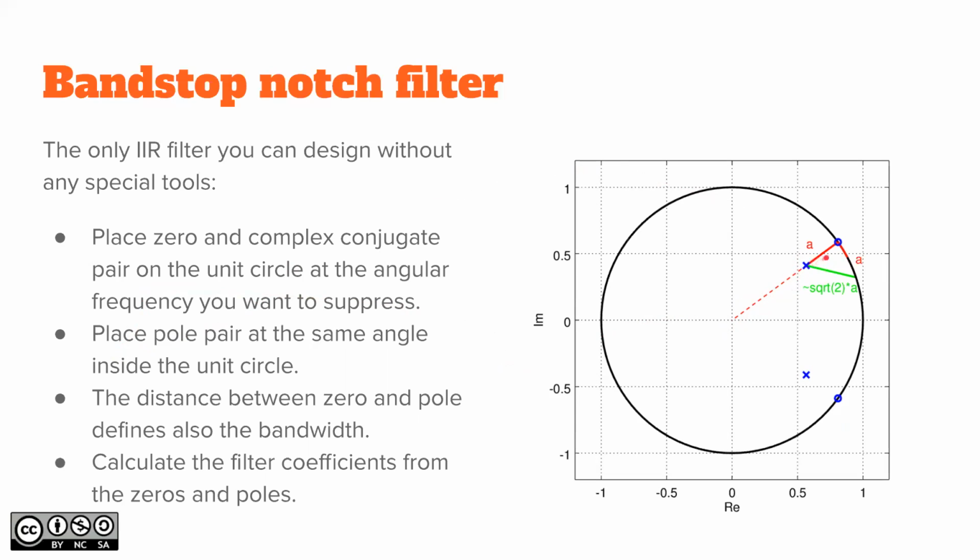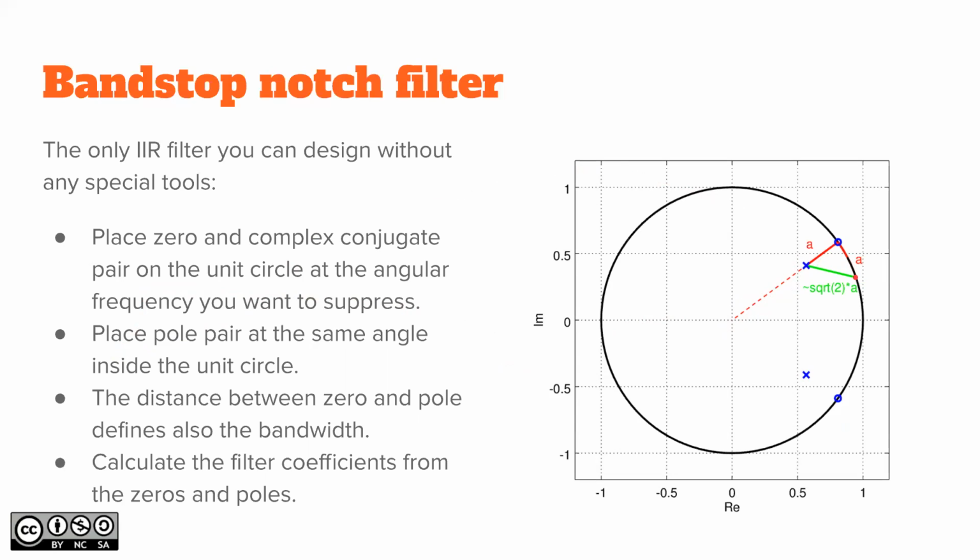So basically, when you think of the graphical representation of how to calculate the amplitude response, if you have a point here, which is at the same distance as the pole to 0, you have a point here where you calculate it.